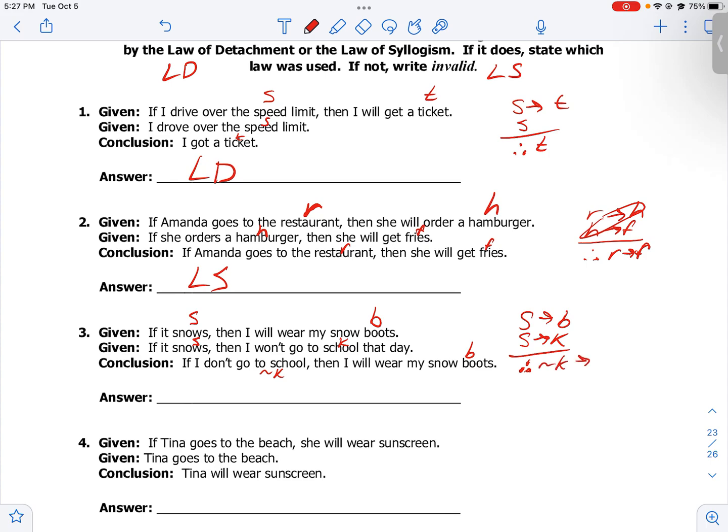If not K, then I will B. Well, no, that's invalid. You can't say that. Okay, that doesn't work, because there's no link there, especially to go to not.